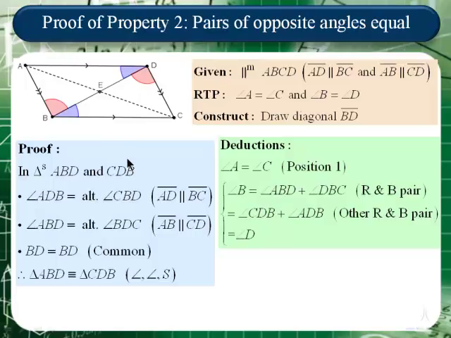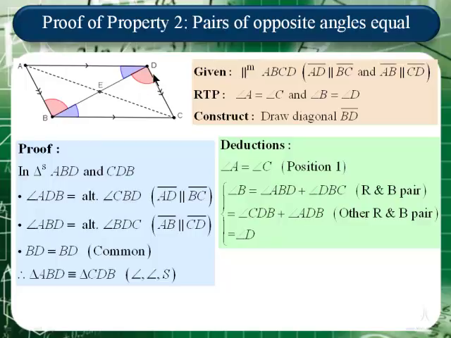And what can we then conclude? We can conclude that angle A is equal to angle C. Can you see it's really the two unshaded ones? Furthermore, I can also conclude that angle B, now note angle B is the red one plus the blue one, you can just look at the names.